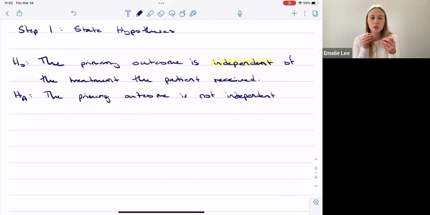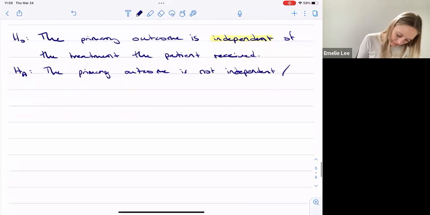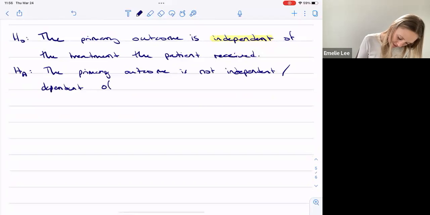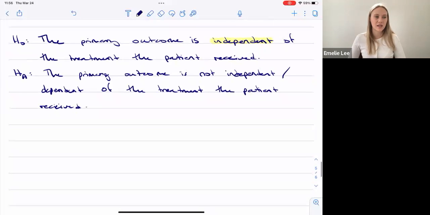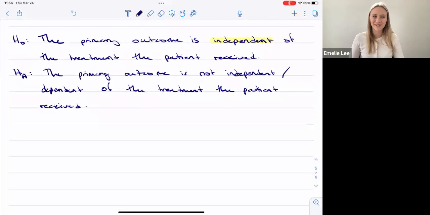Sometimes we like to deal with negations, right? So independent or not independent, but you could say dependent, of the treatment the patient received. Oops, I don't know how to spell received. That's okay. I'll just make it look a little bit weird and then it could go either way.